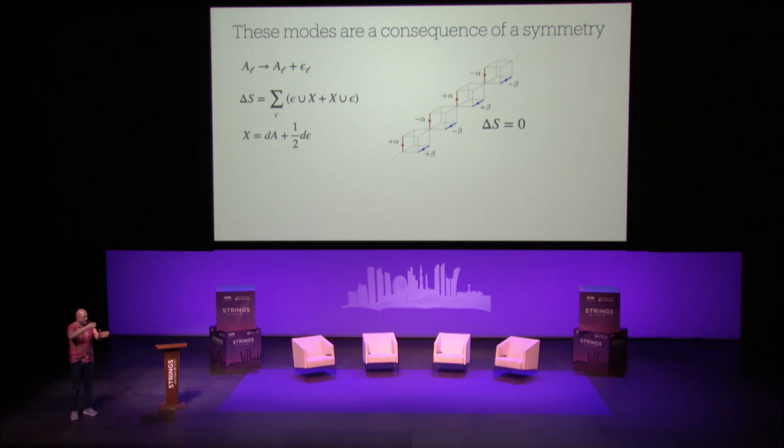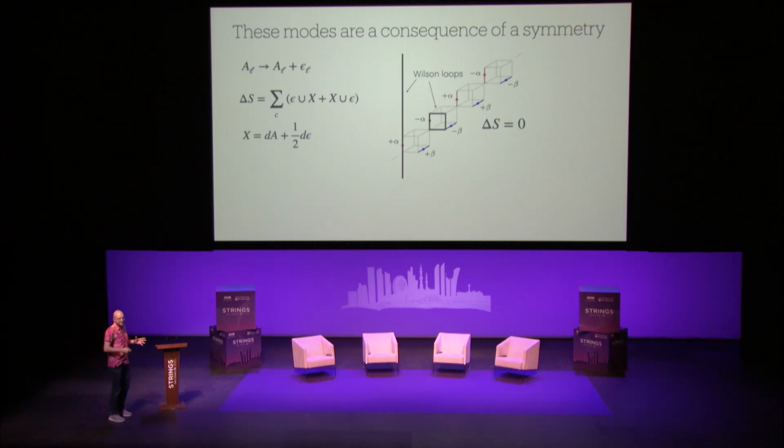This is what causes these extra modes to appear. You can see it has something to do with pi. I said all momenta add to pi because you're staggering everything. You're staggering, it's plus, minus, and that's why it happens at the end of the Brillouin zone where all momenta add to pi. But you see, such a symmetry forces almost all Wilson loops to vanish, because let's say that I have a Wilson loop like this.